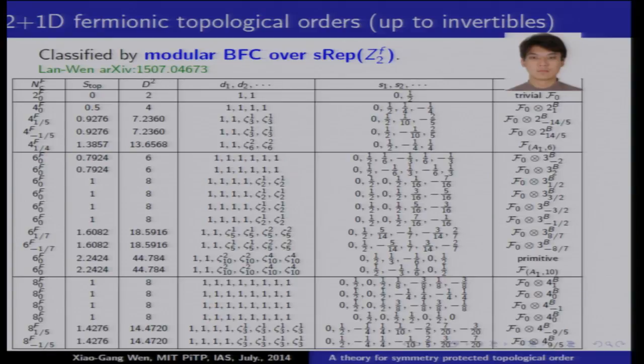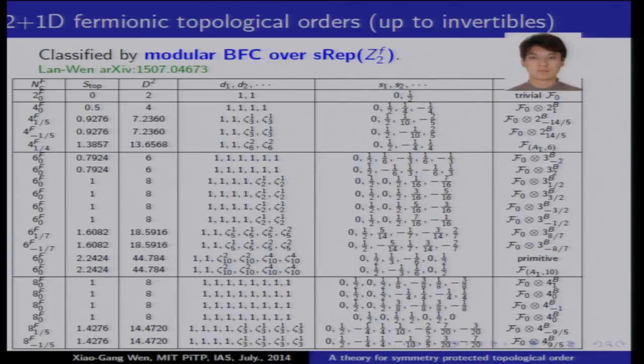But the twist actually is the following. The representation of Z2 just has two, a trivial one and a non-trivial one. This twist means that we think the non-trivial one has a spin 1/2. It's a fermion. If you think of this non-trivial representation as bosonic, this will be just the standard Rep Z2. And if you think of this non-trivial representation as a fermion with spin 1/2, that's what the little s means.